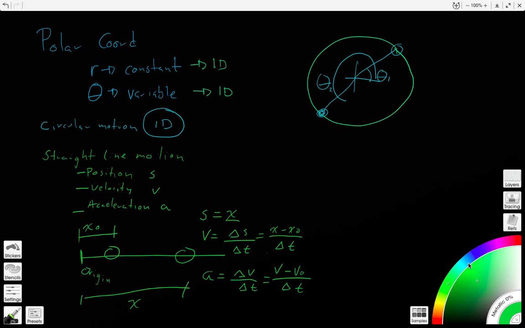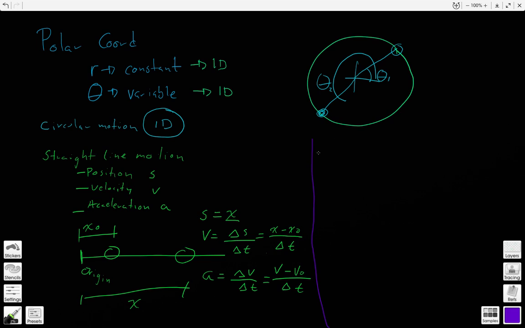But now let's make a jump into circular motion. You shouldn't be scared whatsoever, because this is still one dimension, right?